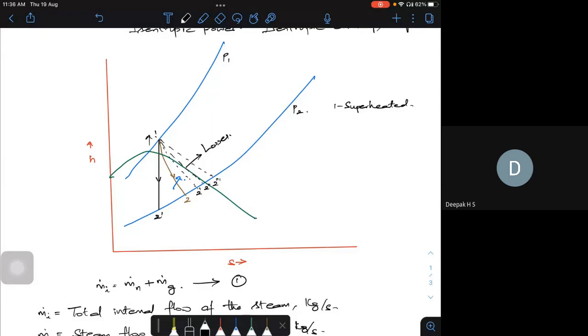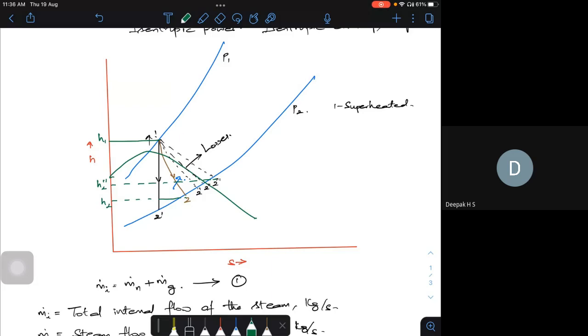What is the disadvantage? If you look at the enthalpy drop, this is my H1, and suppose this is my H2 double dash, which was supposed to be H2.